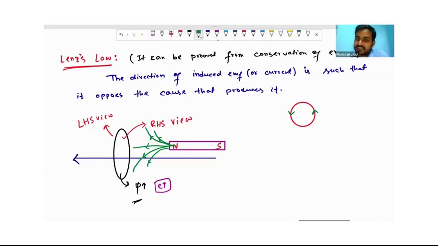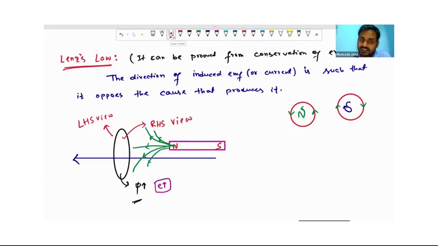So in this case, what pole is it? As we know, this is a north pole, isn't it? And when the current flows in clockwise direction, then it behaves as a south pole. Correct?